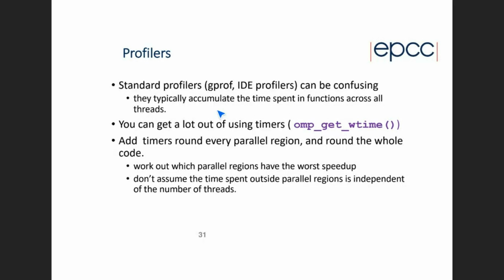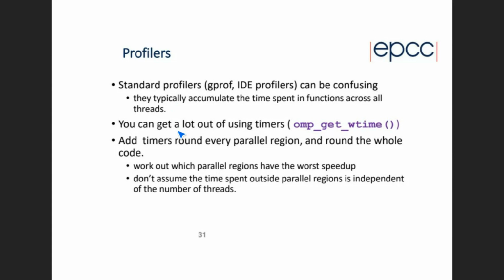That makes it difficult to interpret, and it also loses you any information to do with, say, load imbalance or idle threads. They don't tell you about that, because the information that some threads spent longer in some function than others just gets lost.